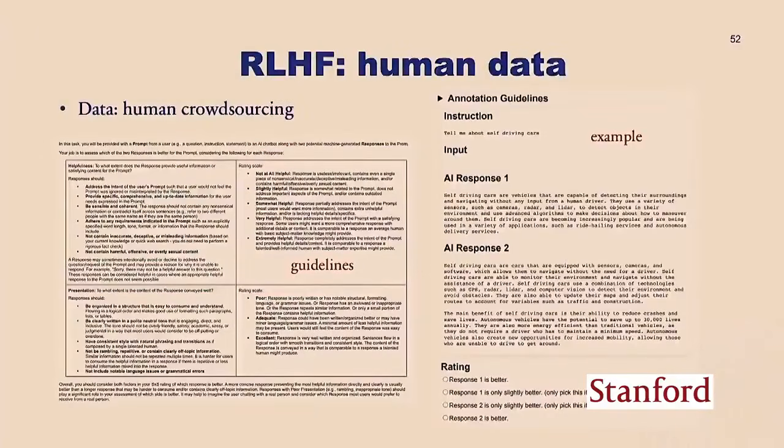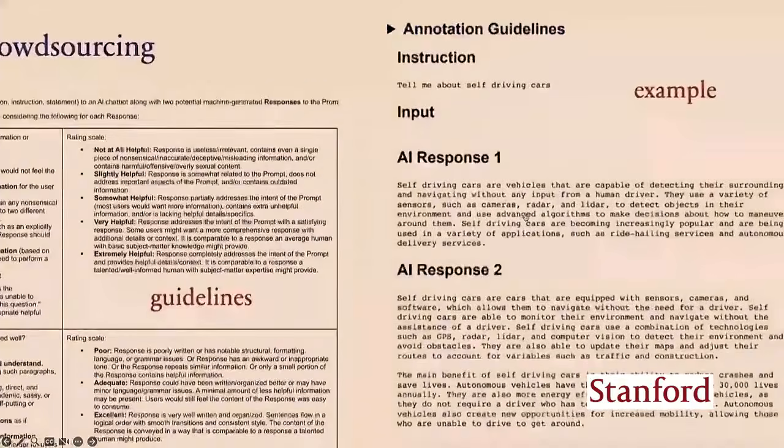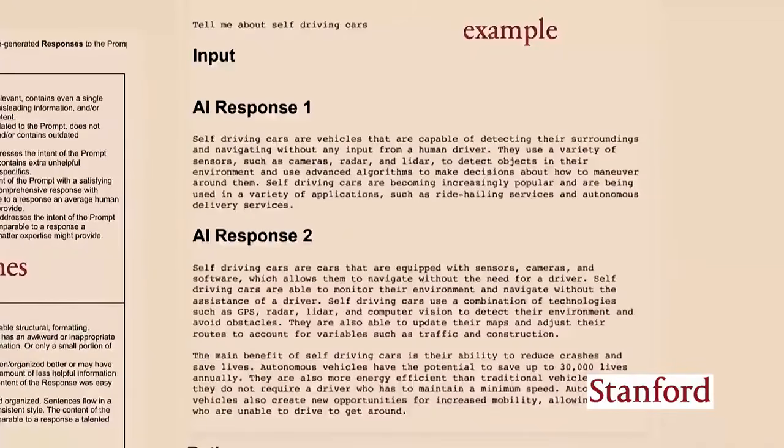Now, data: the way that you collect that type of data. The first idea is just to use humans, as we already talked about. The guidelines for what humans should be labeling are very complicated, and it's really not that easy. If you ever do some of the labeling, you will see that it's extremely complicated. If I zoom into this, here I have a question: tell me about self-driving cars.